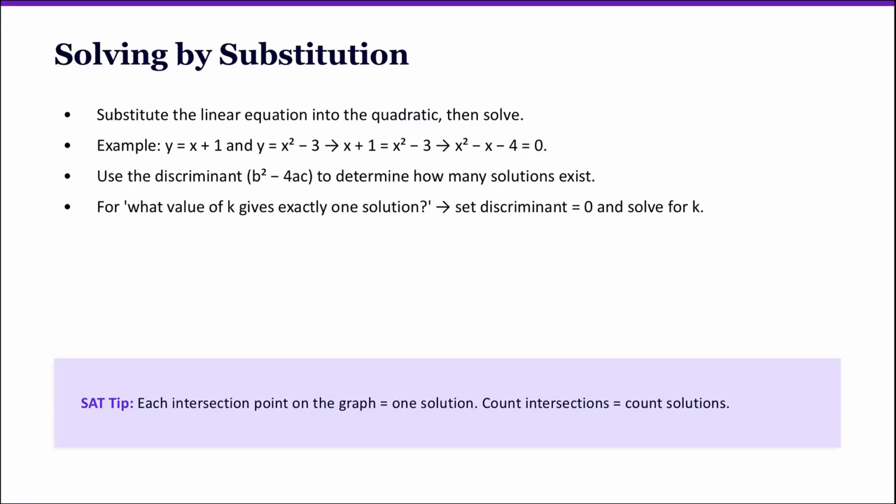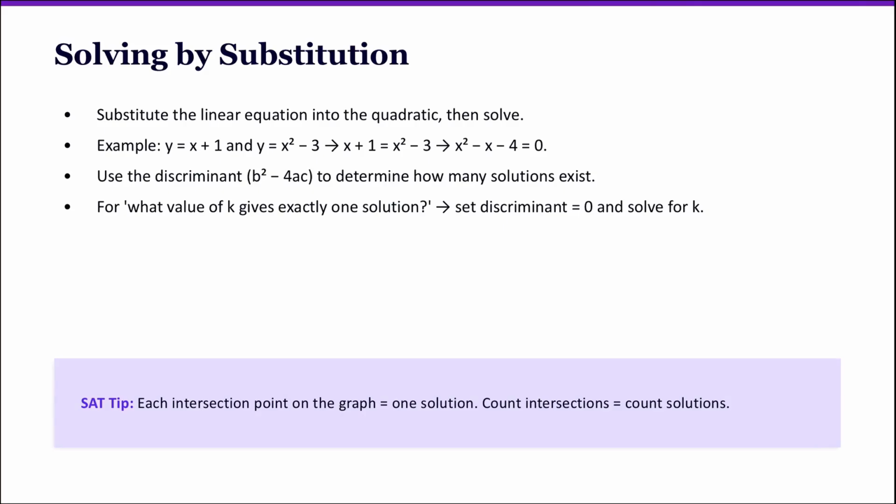So first find the equivalent quadratic equation, and then you can find the discriminant. So if you have k and you have x, then you can say (-1) squared minus 4 times 1 times k is equal to 0. And then that gives you the right value of k for which there's only one solution.